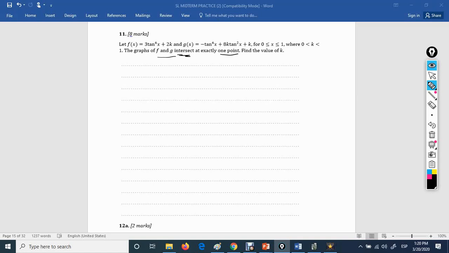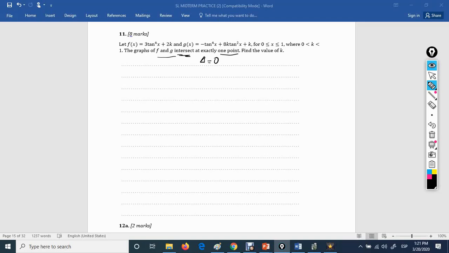So if the graphs intersect at 1 point and we equate them, and then we move everything to the left-hand side and equal it to 0, then what we really need is the discriminant to equal 0, because that's when the solution will be exactly 1. Why is that? Because I sense this is going to be a quadratic problem. You can see the pattern. So let's just equate f of x and g of x first of all.